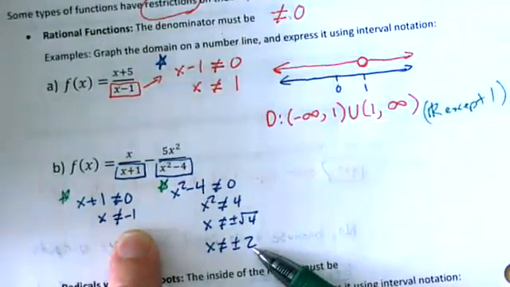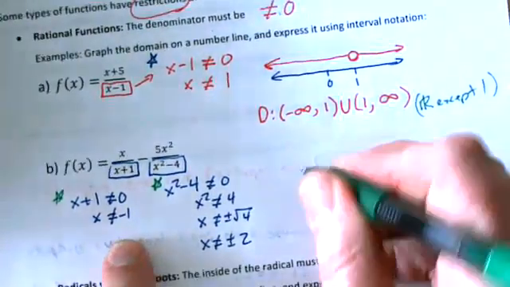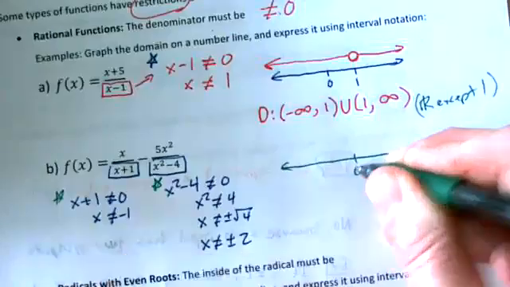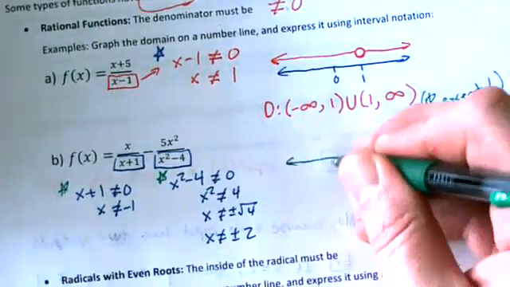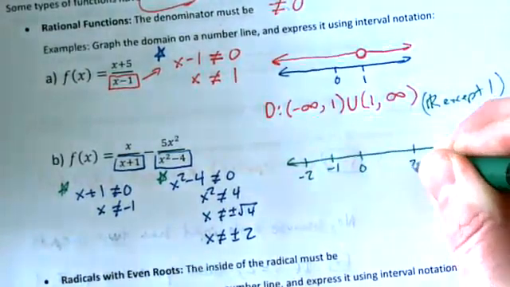We good? Yes. All right, and in chapter 2, you'll just write all real numbers except for -1, -2, and +2. But here, I'm going to be a big meanie pants and make you draw a number line and graph it and give it to me in interval notation. So important values here: -1, -2, and +2.